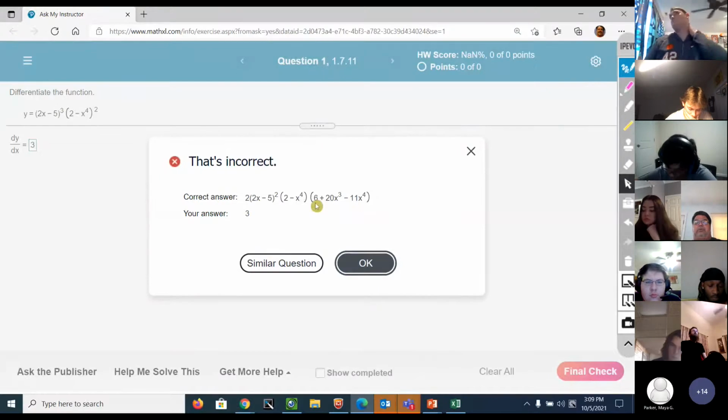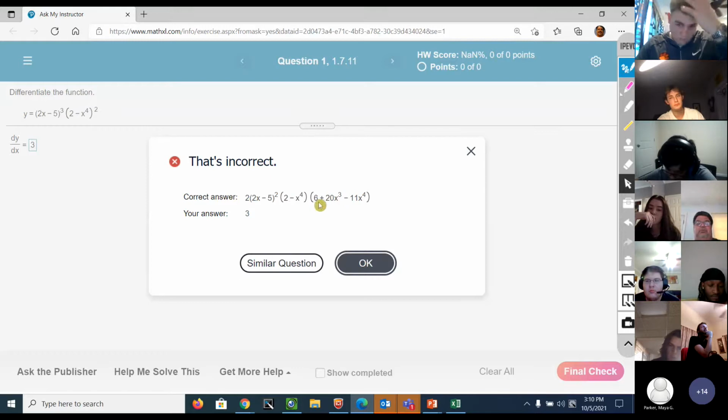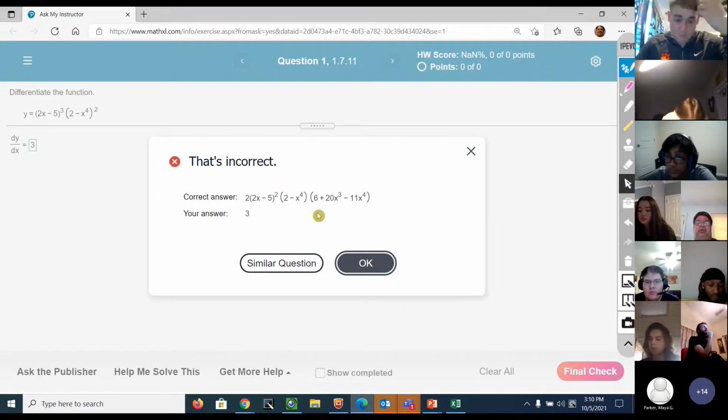Yeah, and they wrote it backwards. Looks like they did that right there. I wish somebody would enlighten me on this. Has anybody noticed in the school transitioning, from junior high to high school, that 11x to the 4th should be where that 6 is, but I don't know where that's coming from.